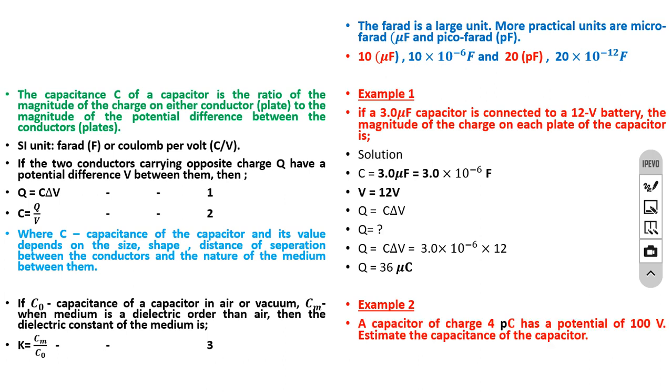Example 2. A capacitor of charge 4 picocoulomb has a potential of 100 volts. Estimate the capacitance of the capacitor.